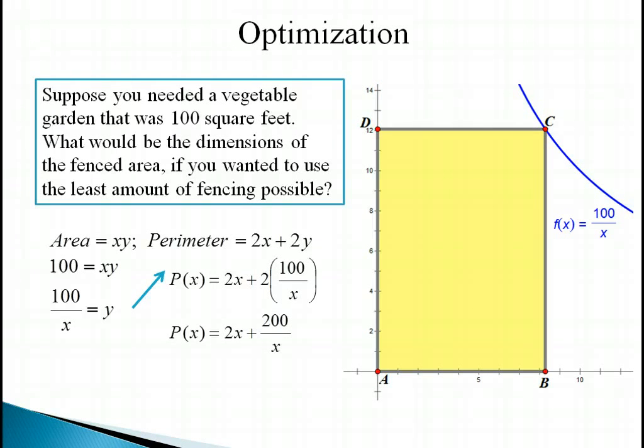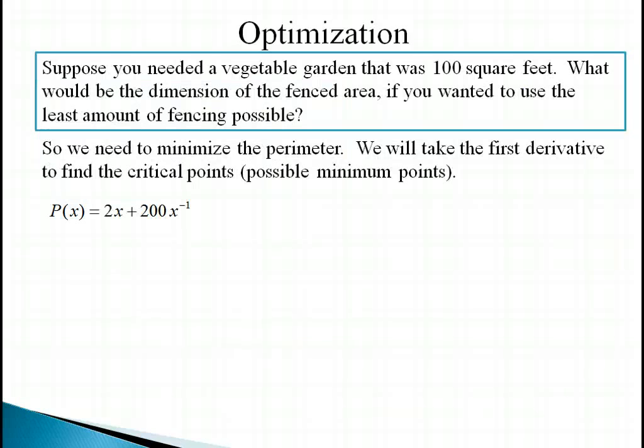So we have 2x plus 200 over x for our perimeter equation. Now everything's in terms of x. I'm just going to rewrite it as 200x to the negative 1 for the second term. Now I want to take the derivative of that perimeter equation. So taking the derivative, we get 2 minus 200x to the negative 2.